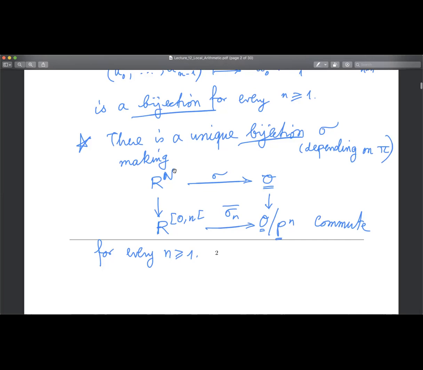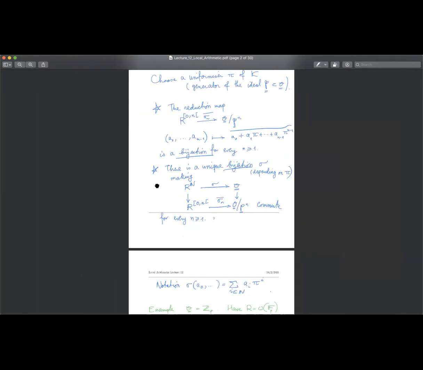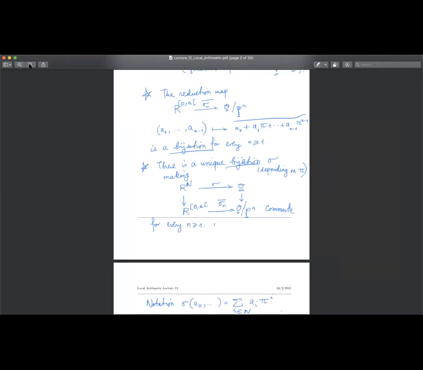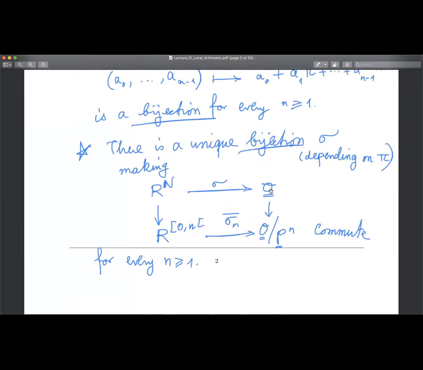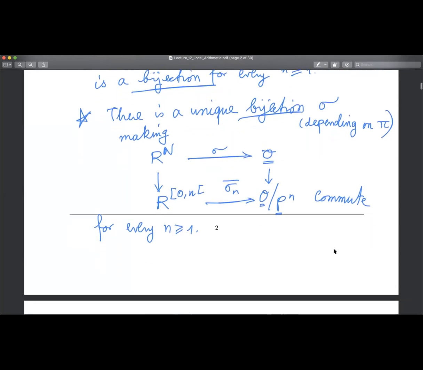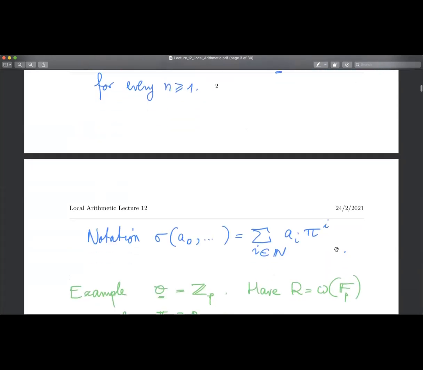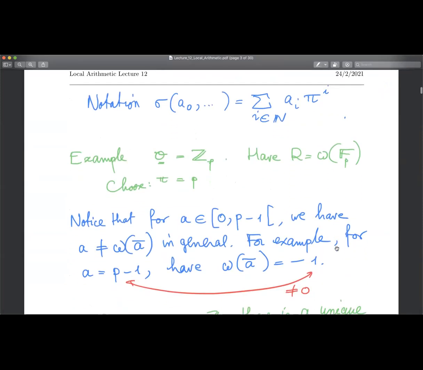So R to the N is the set of all sequences A0, A1, A2, and so on, where these Ai are elements of the set R. And sigma is the inverse limit of these sigma n bars. It maps R to the N into the ring O. And it's a bijection. That's what we proved last time.